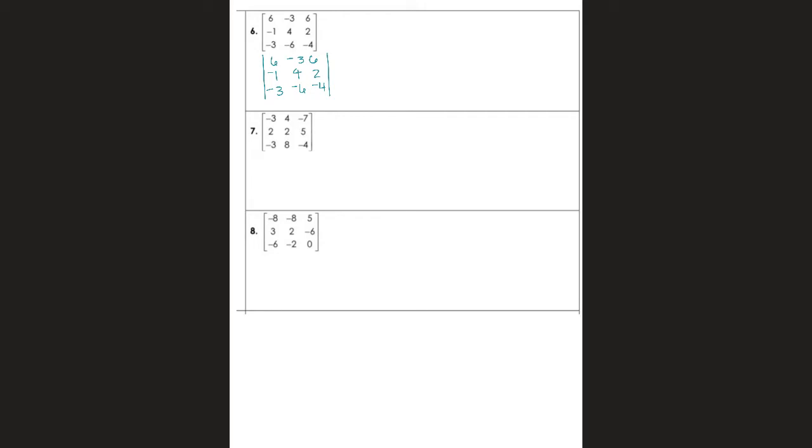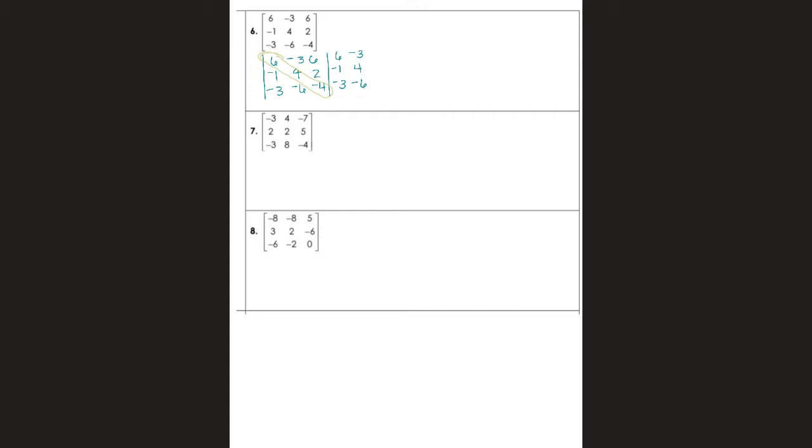And then you need to repeat the first two columns, so 6, negative 1, negative 3, negative 3, 4, negative 6. Okay, and then you've got to do downs minus ups. And so here, starting out, we're going to multiply here. Here's the first one, multiply down. Is that okay? And so if we multiply that, what are we going to get?